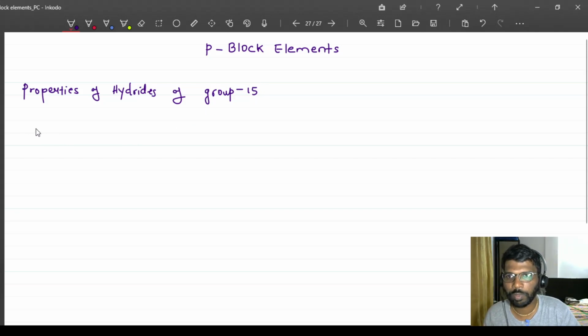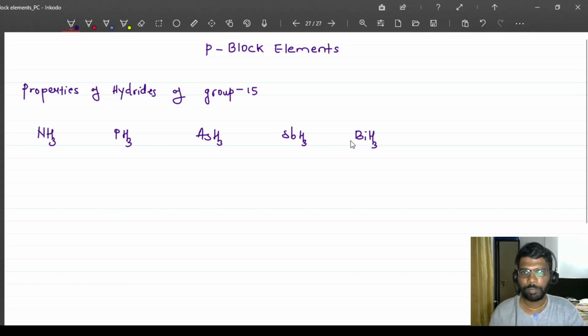This is NH3, ammonia, then PH3, phosphine, then AsH3, then antimony hydride, and BiH3.